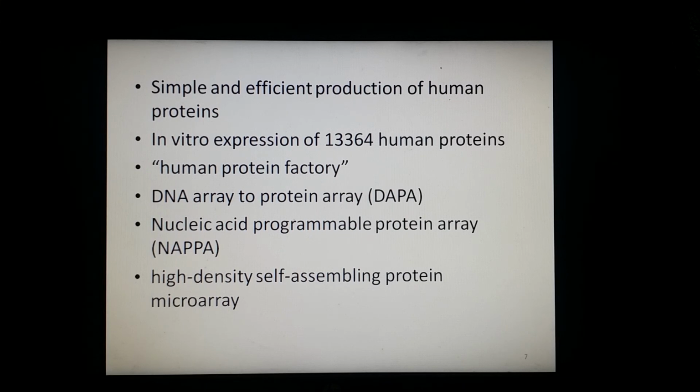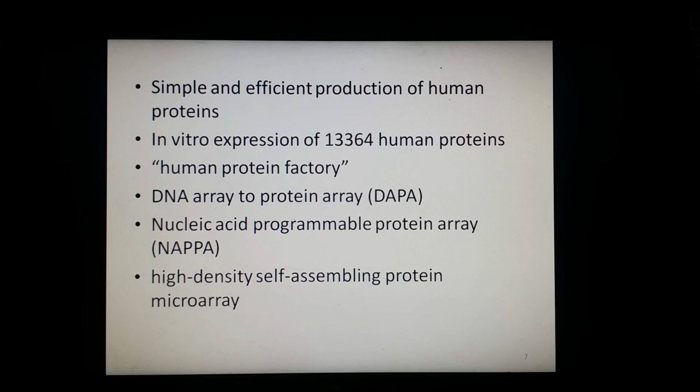Then another program is based on the nucleic acid programmable protein array, abbreviated as NAPPA, a high density self-assembling protein microarray developed to display thousands of proteins that are produced and captured in situ from immobilized complementary DNA templates. This method will enable various experimental approaches to study protein function in high throughput.